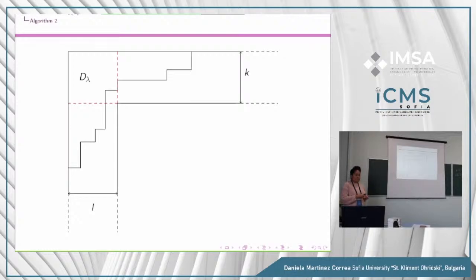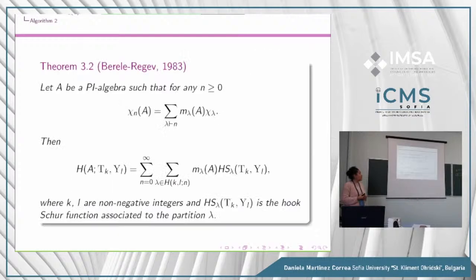Okay? The second result is like a generalization of the result of Drensky. This result gives us a relation between cocharacters and the double Hilbert series related to this algebra.